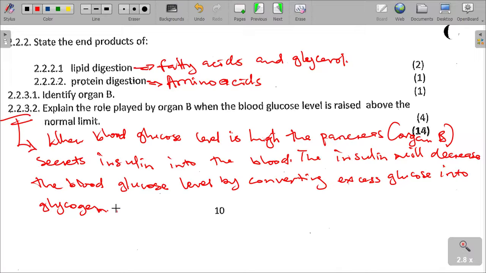Glycogen can be stored in the liver and muscles.